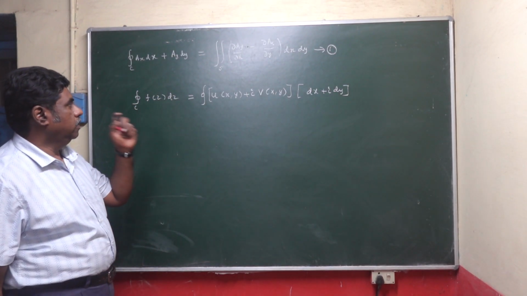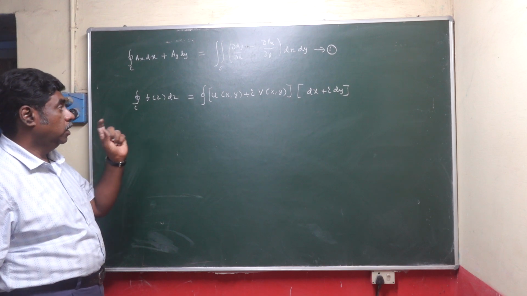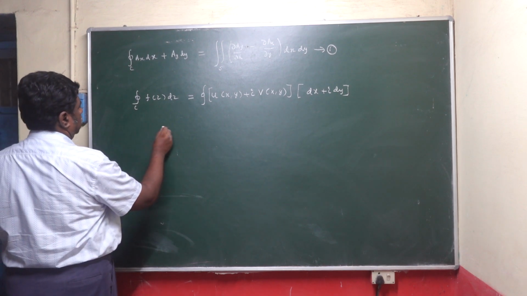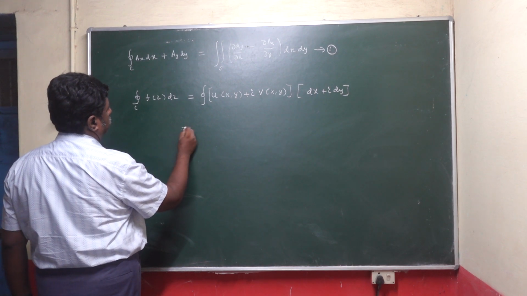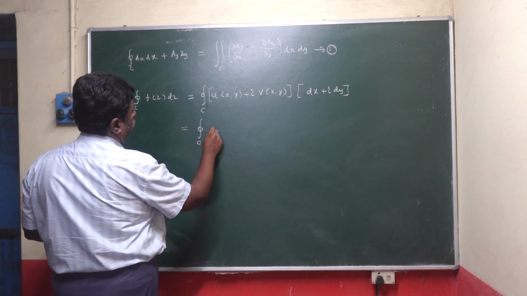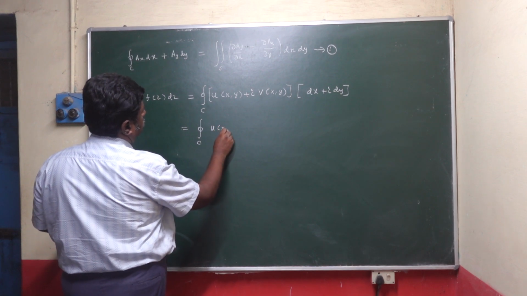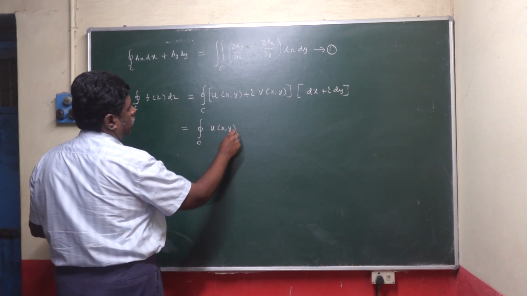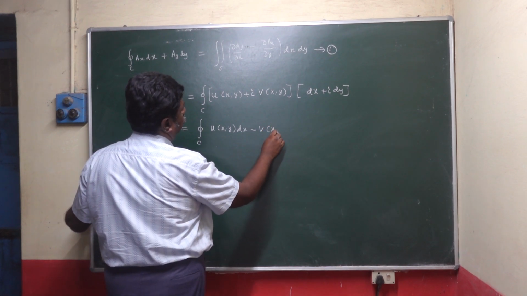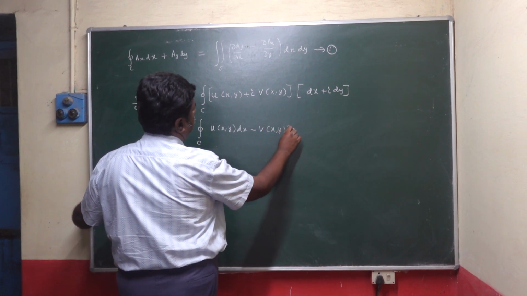Now separate this integral into real and imaginary parts, which is equal to integral of u of x comma y into dx minus v of x comma y into dy.